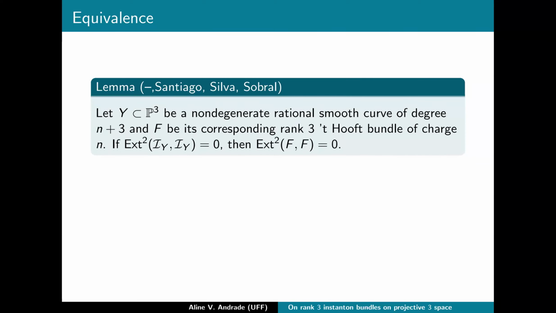If Y is a node-generated rational smooth curve of degree n plus 3, and F its corresponding rank 3 't Hooft bundle of charge n, if we have the vanishing of the Ext of the curve, the ideal of the curve, then we have this vanishing for the Ext2 of the bundle. So this will be used in the future for us in order to see the smoothness of the point, to see that the 't Hooft bundle is a smooth point on the moduli space of bundles.